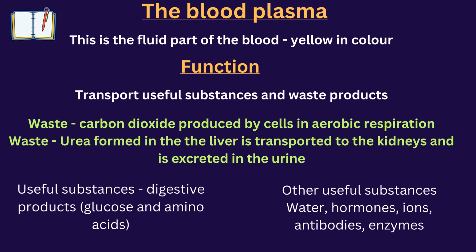Other useful substances include water, hormones, ions, antibodies, and enzymes. So from this slide, ensure that you know the function of the blood plasma, which is to transport, and then ensure that you know examples of products or substances transported by the plasma. Good.